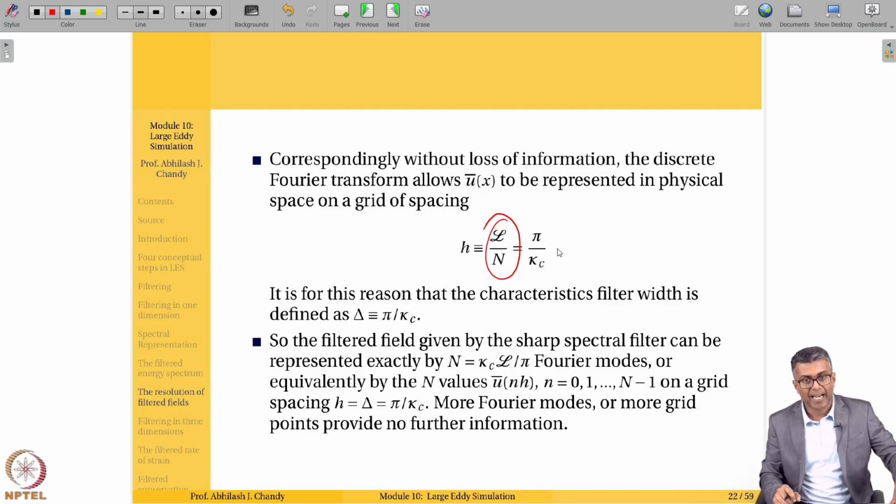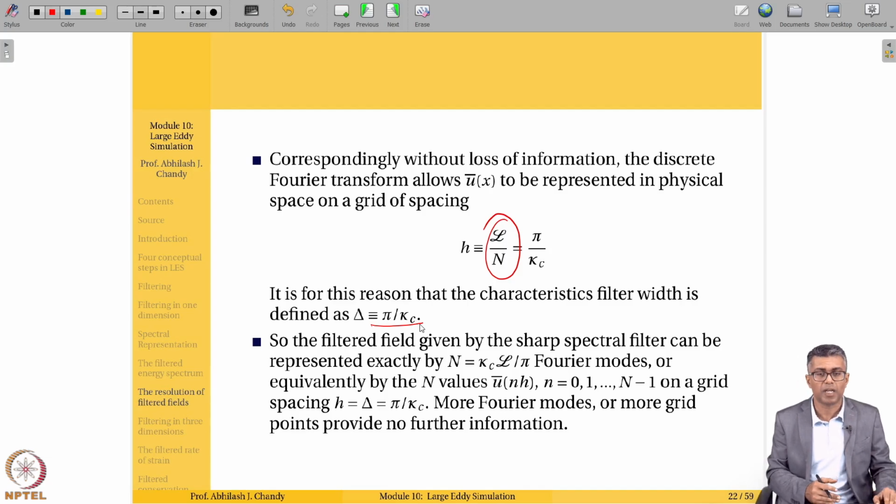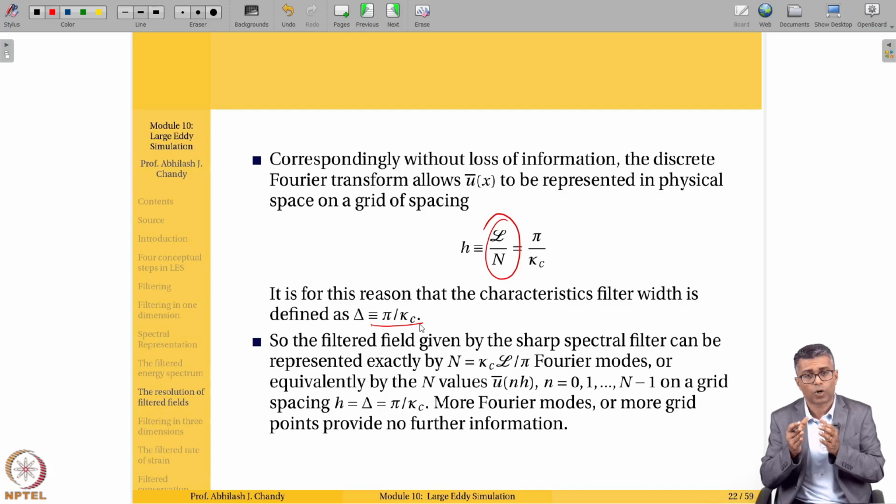Now with that as the background, you can choose your filter width delta to be equal to pi over kappa c. Delta would be the same as h. It has to be equal to or greater than h, right? It doesn't make sense for it to be less than h, because for your grid spacing, you want it to be as close as possible to delta, but at the same time not greater than it, because you won't be resolving anything less than h.